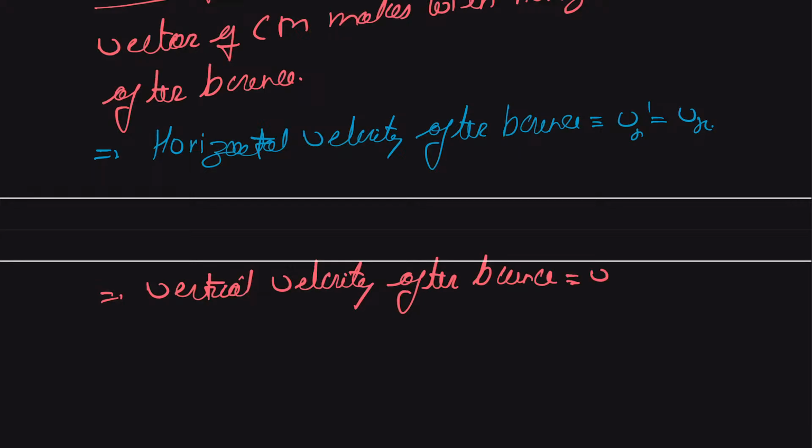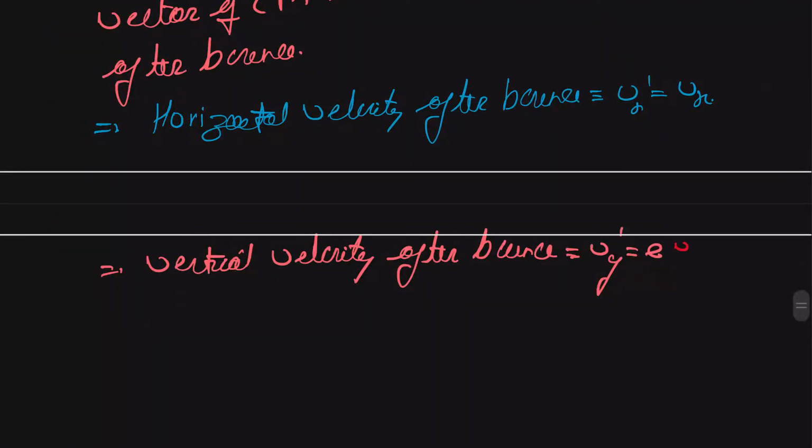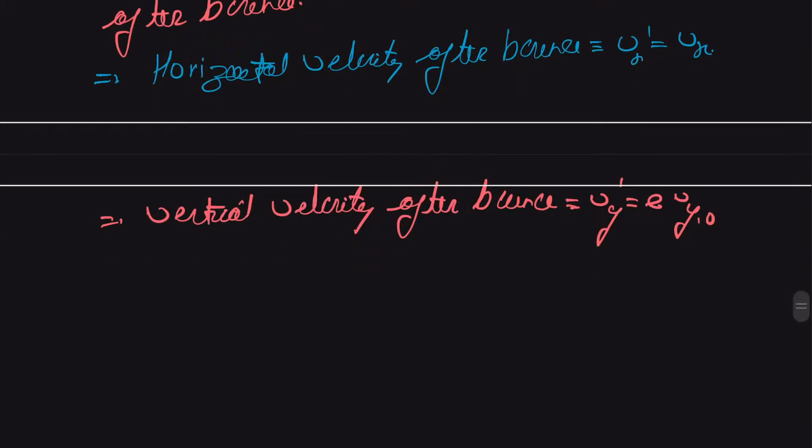We are given the coefficient of restitution as E. So we get Vy prime will be equal to E times Vy naught. So we substitute our Vy naught, so we get Vy prime is equal to E times square root of 2gh.